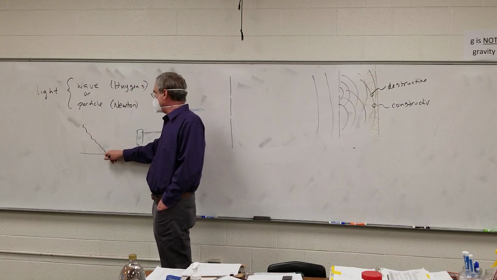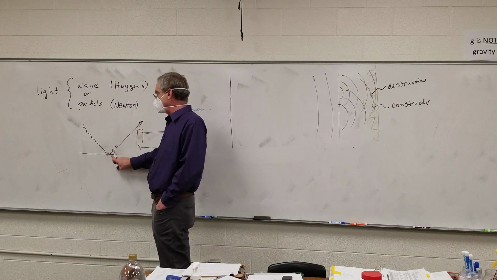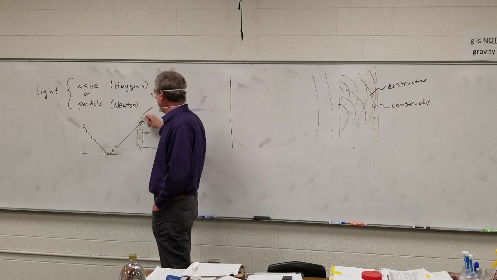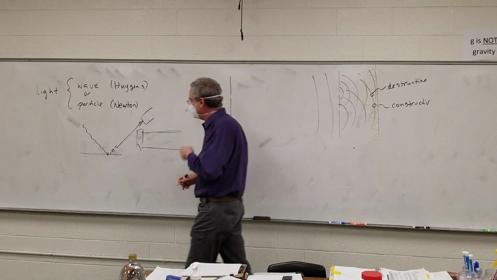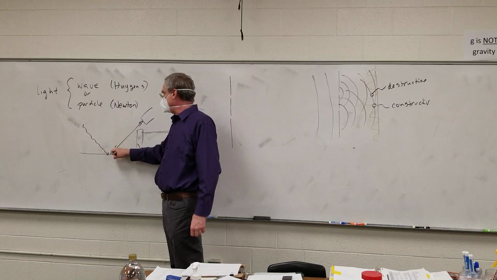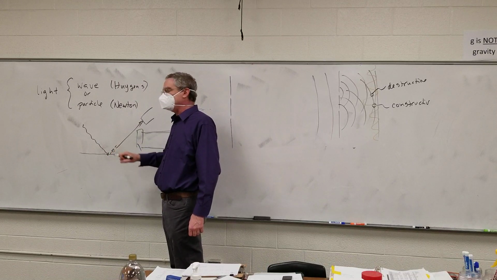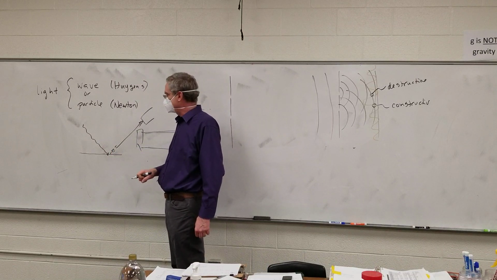In some situations, you get electrons to get enough energy to come off of the plate here, and then you have a detector over here which detects the electrons. They notice that sometimes electrons don't come off.